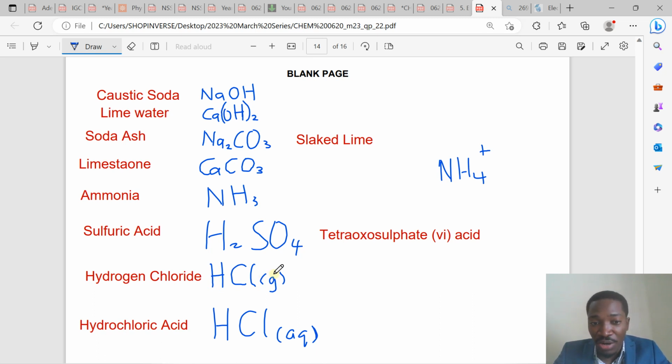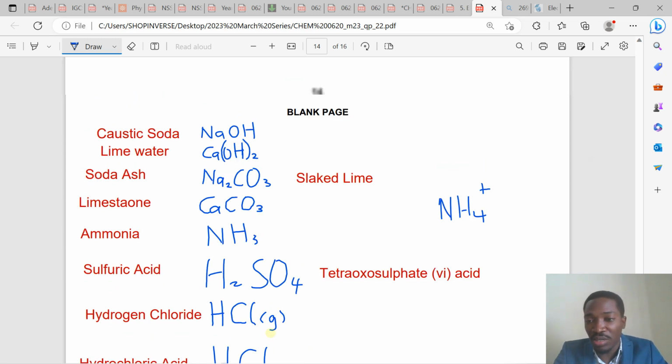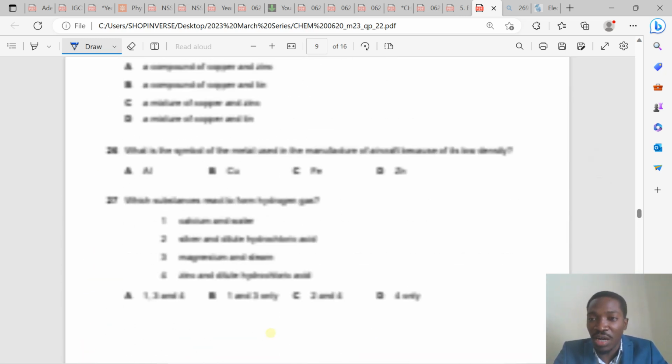But when you bubble this hydrogen chloride gas through water, it dissolves in water. And once hydrogen chloride dissolves in water, the resulting solution becomes aqueous hydrochloric acid. Take note that hydrogen chloride does not possess any property of acid, okay? It has no effect on litmus paper. You get it? Good. While HCl solution is hydrochloric acid, which possesses the properties of an acid.